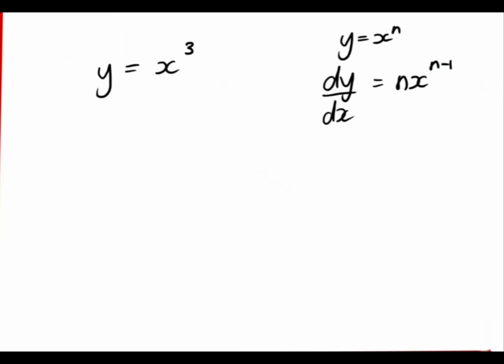So then you remember what we're doing. If y equals x cubed, then dy by dx is equal to, so this n here is a 3, so 3x, and then this n minus 1 becomes 3 minus 1, which is 2. So you get 3x squared.